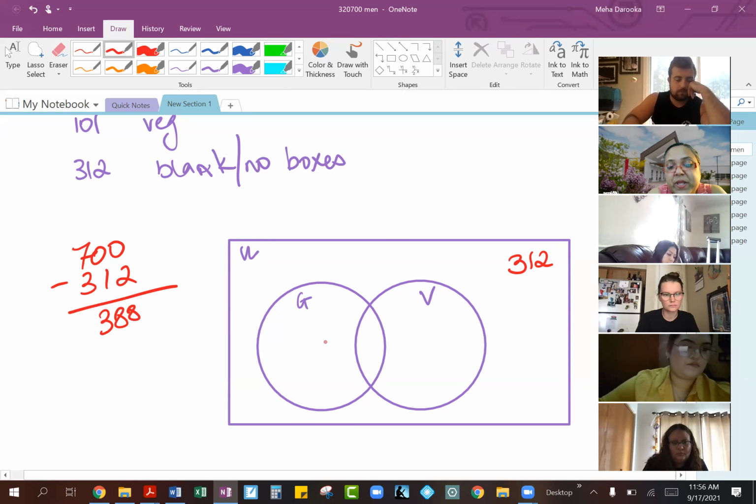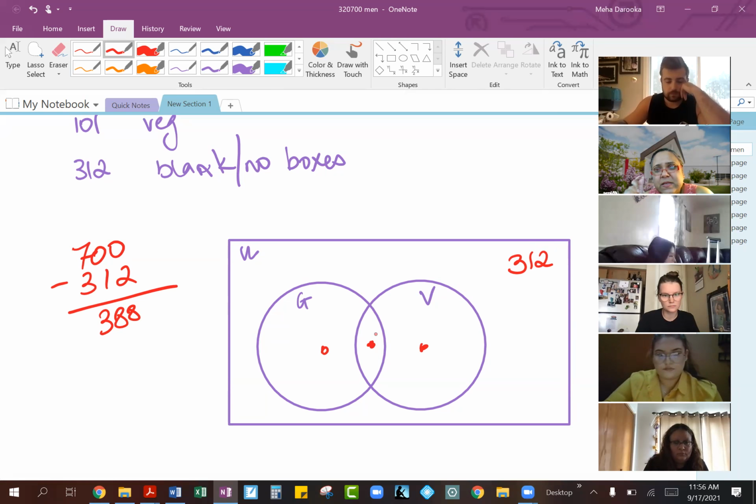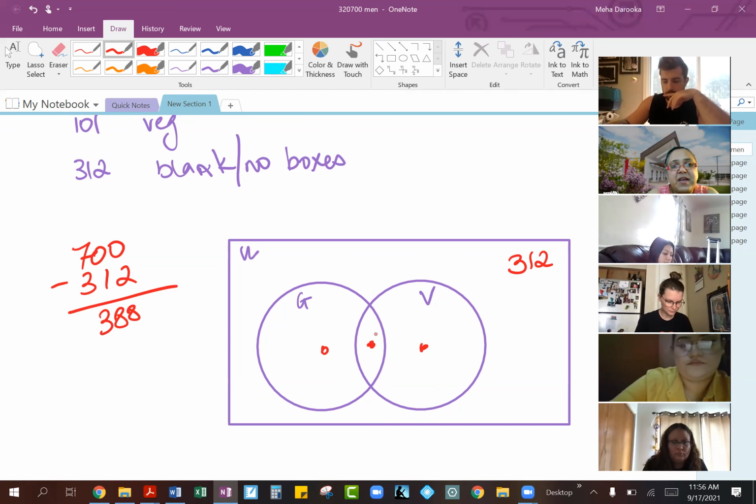So that means within our two circles and the overlapping area, all of that number should add up to 388. Is this making sense, guys? Why we put the 312 outside the circles? Is everybody understanding that part? Because they did not vote for gym or vegetarian, right? So they don't belong inside the circle. They're outside the circle, but obviously still inside the rectangle. So inside the circles, you're going to have 388.